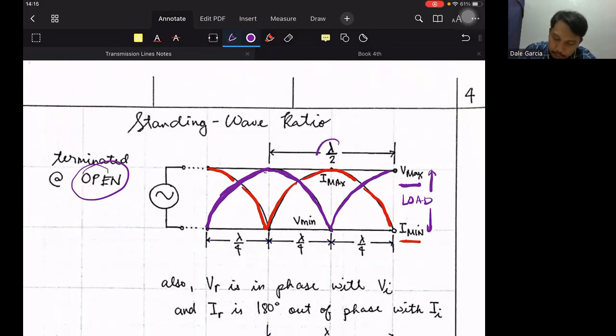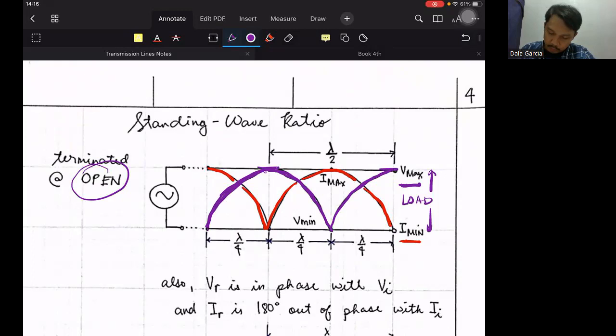Notice that 1/2 wavelength away from the load, the value returns, the value of the standing wave. The same goes for the current. 1/2 wavelength away from here to here is 0, or minimum, I mean.